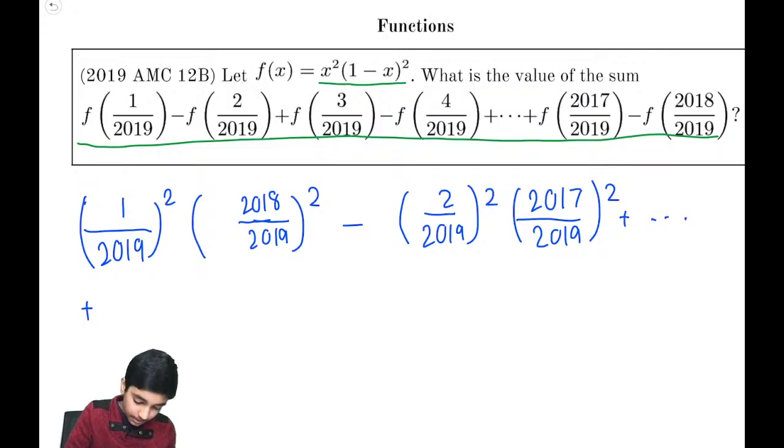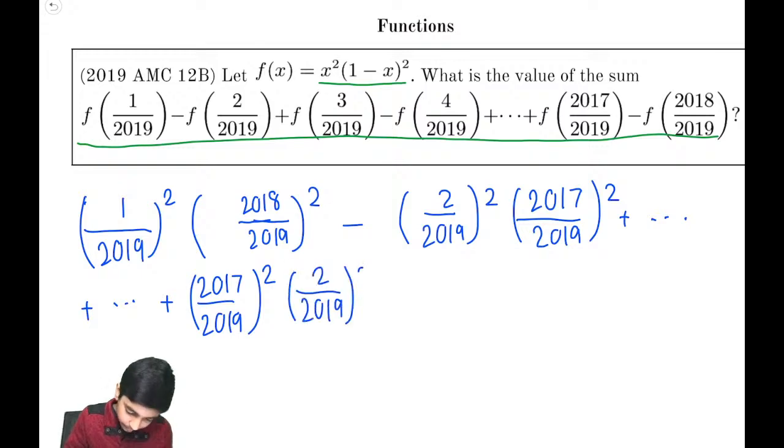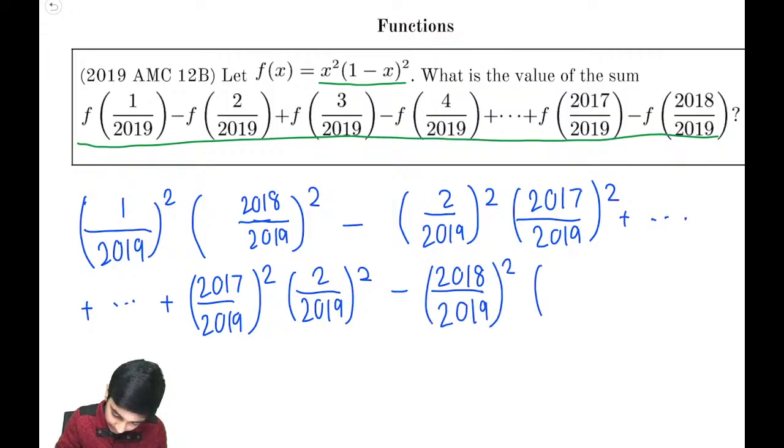The last terms are plus f of 2017 over 2019, which is just 2017 over 2019 squared, times 2 over 2019 squared, minus f of 2018 over 2019, which is just 2018 over 2019 squared, times 1 over 2019 squared.